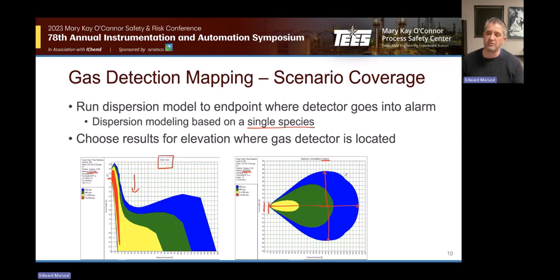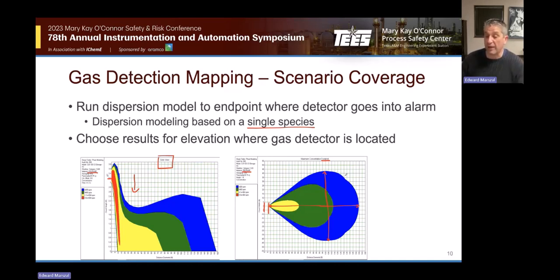When you have a multi-component mixture, you're going to need to use these rules to determine, well, what is the actual concentration that I can detect? So the end point for our detection modeling is the set point of your detector that you're going to put into the gas detection mapping program. That's what you need to tell your dispersion modeling people when they're doing this.